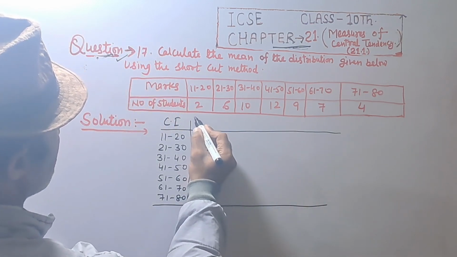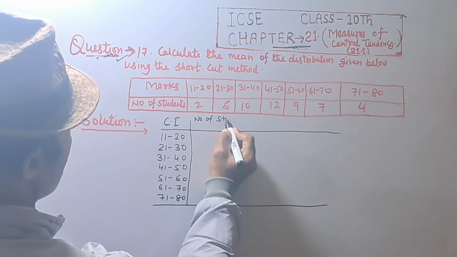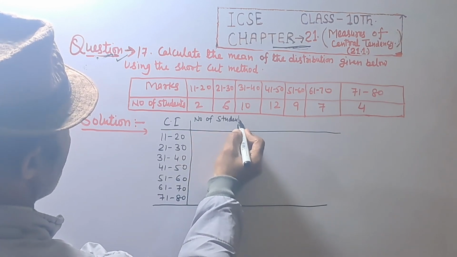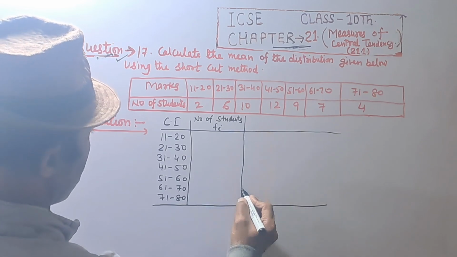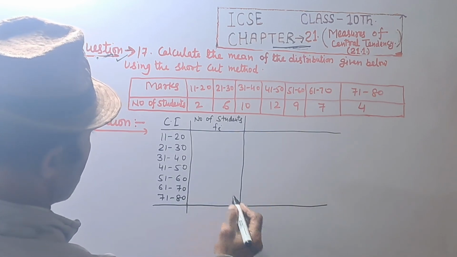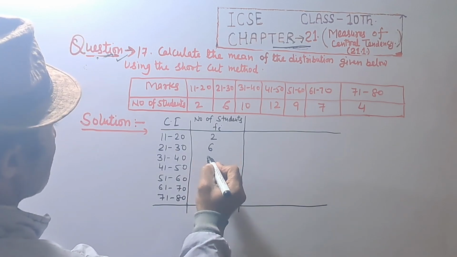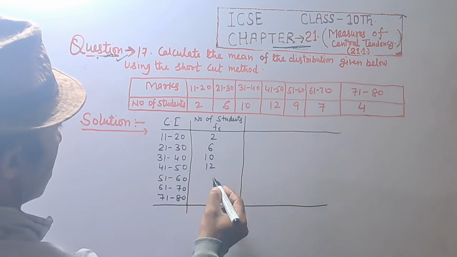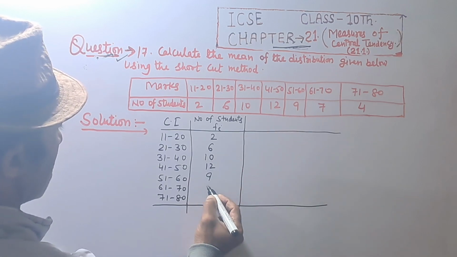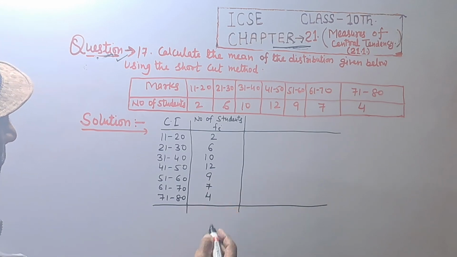And number of students, that is frequency, is 2, 6, 10, 12, 9, 7 and 4.